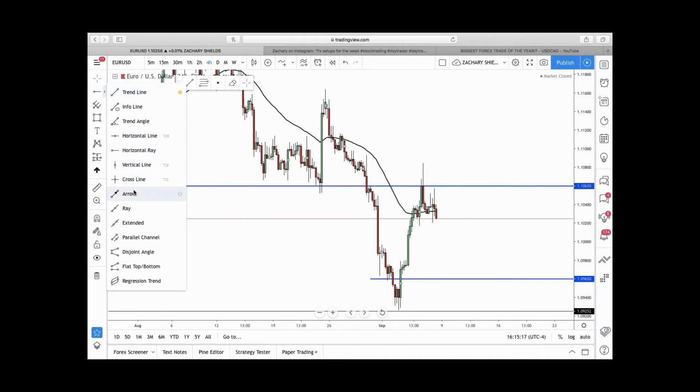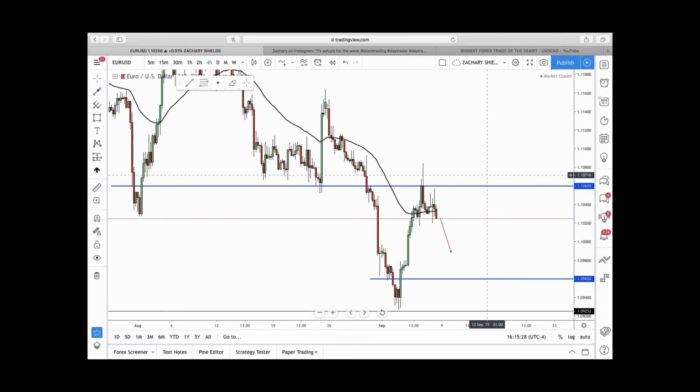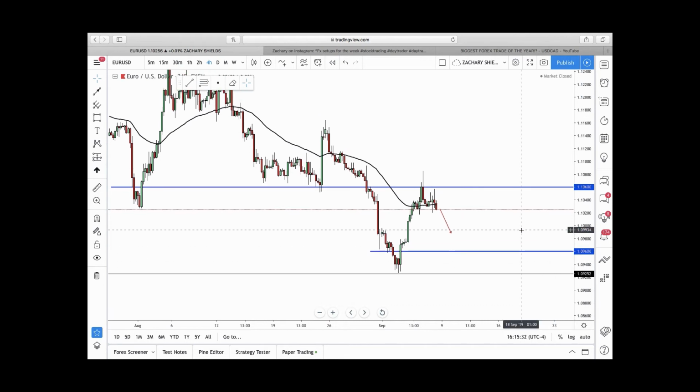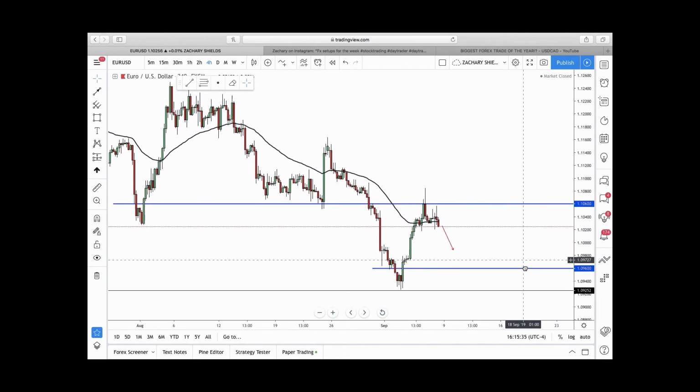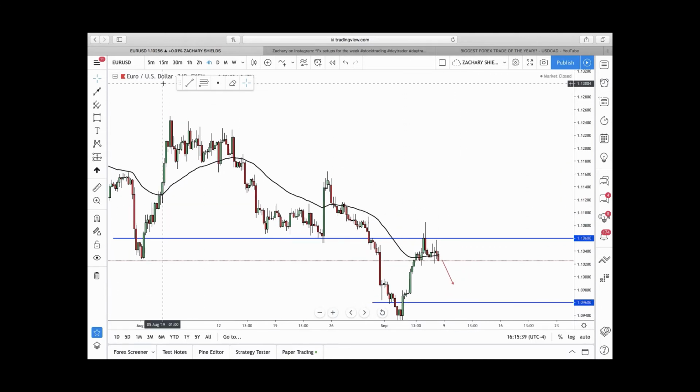So again, Euro could pull down to the next level of support, or we could be just pulling back before going long. But for me, because of Euro and how it moves, I really don't want to look past either of these supports, the support or resistance.